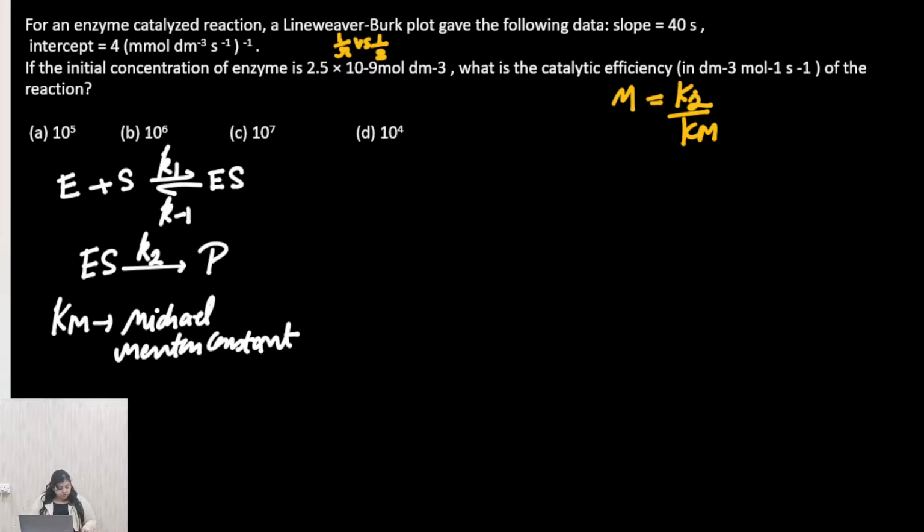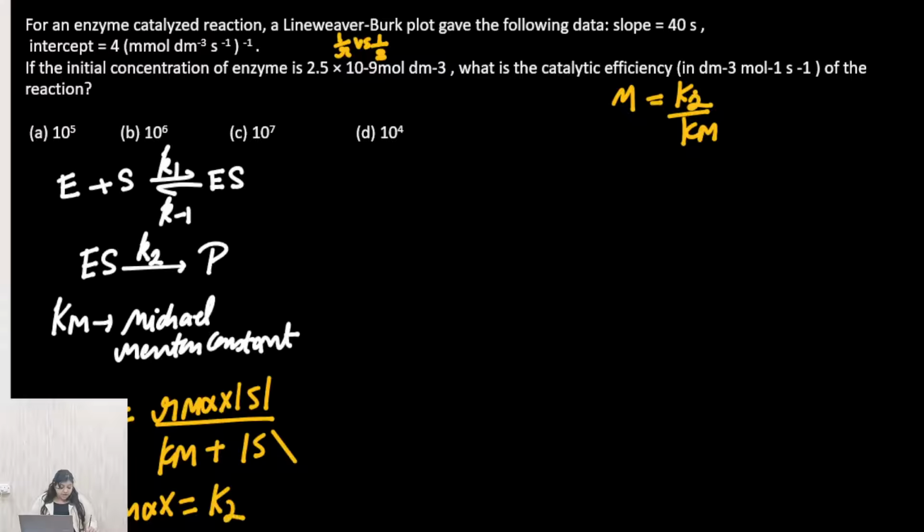Okay, so the rate for the enzyme catalyzed reaction is R equal to R max into S upon Km plus S. Here R max is the maximum rate that you will be getting, which is equal to K2 into E naught, right? Now we want a plot of 1 by R versus 1 by S. So this rate expression that we have written, just reciprocate it.